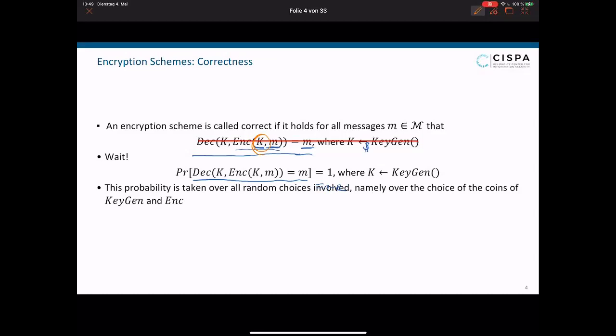But for the cases that we will be looking into for the foreseeable next few lectures, only KeyGen will be randomized. I mean, we will soon see that encryption should also be a randomized algorithm to really get a strong form of security. But for now, we just think of KeyGen as a randomized algorithm and both encryption and decryption as deterministic.